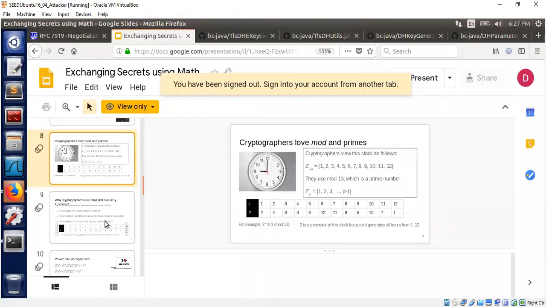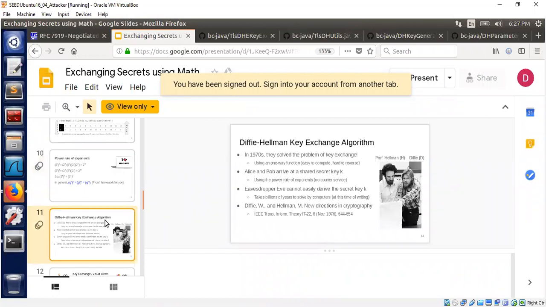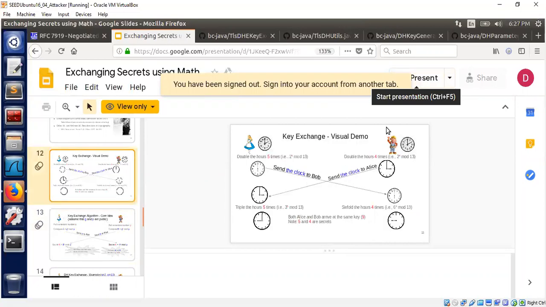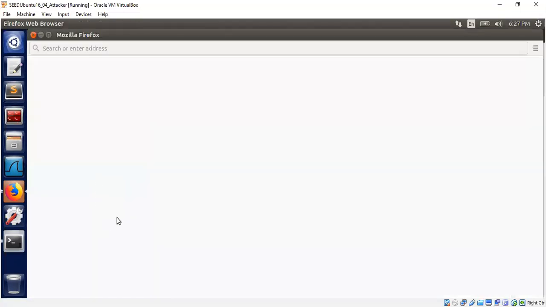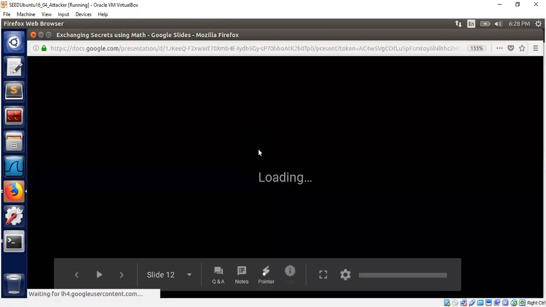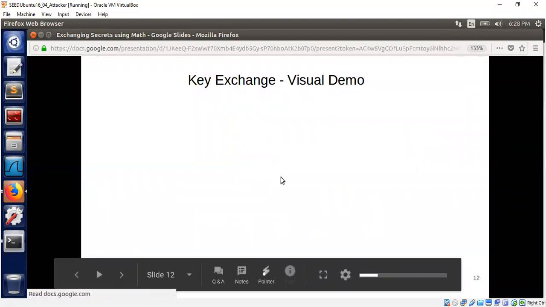What I'm trying to say is, if you remember the key exchange model, let me quickly show the formal model. Yes, here it is.